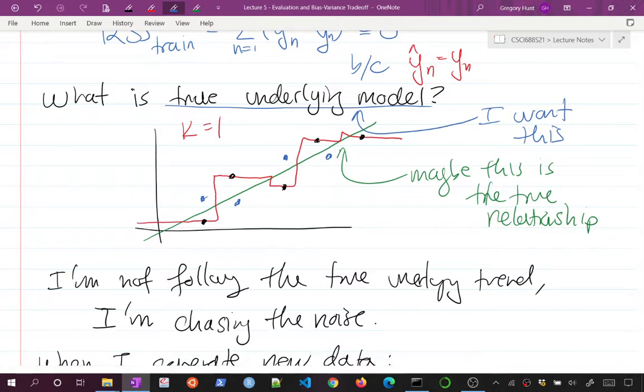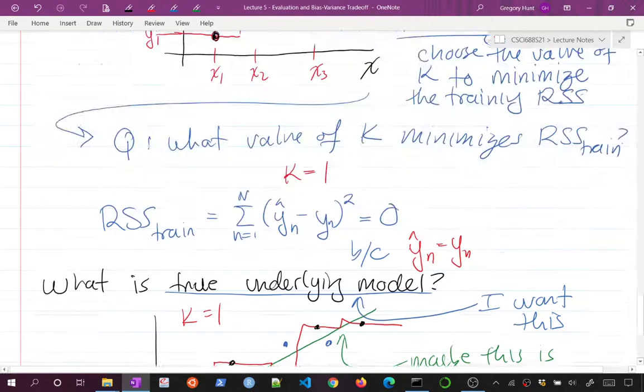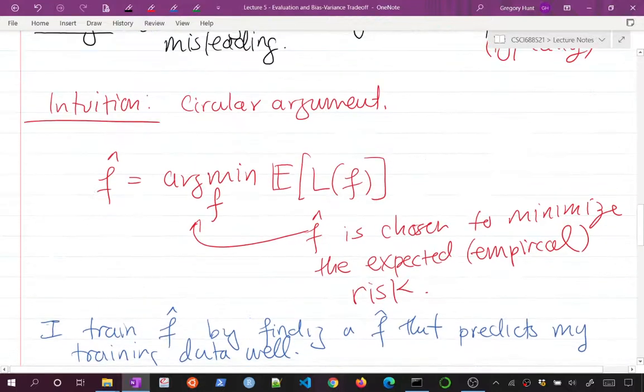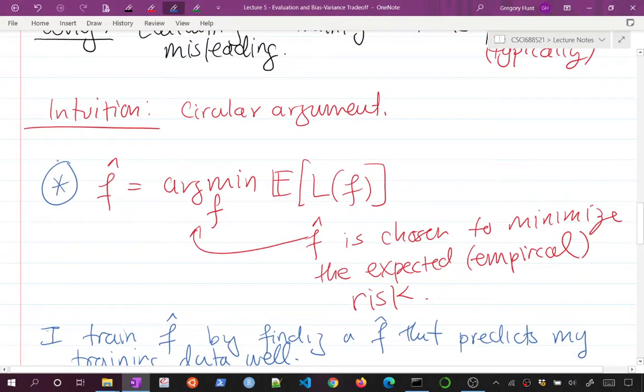I don't care about the peculiarities of this particular data set. I care about the general trend so that I can do well, right? If we go back to what I actually want to do, I want to find f hat so that it minimizes my expected loss.